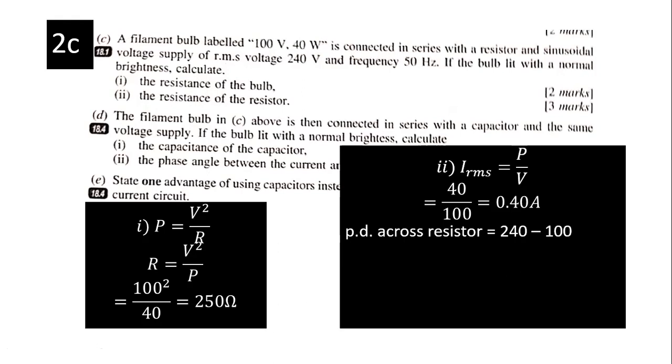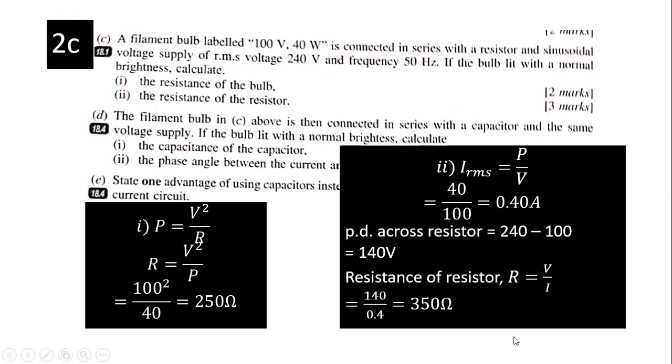Then you know the total PD across the resistor and filament is given by that. So it's 240 minus your 100. It's 140 volt. So that 140 is across the resistor. You can calculate your resistance, V over I. 140 over 0.4. So it's 350 ohm. Okay. Anything not clear?